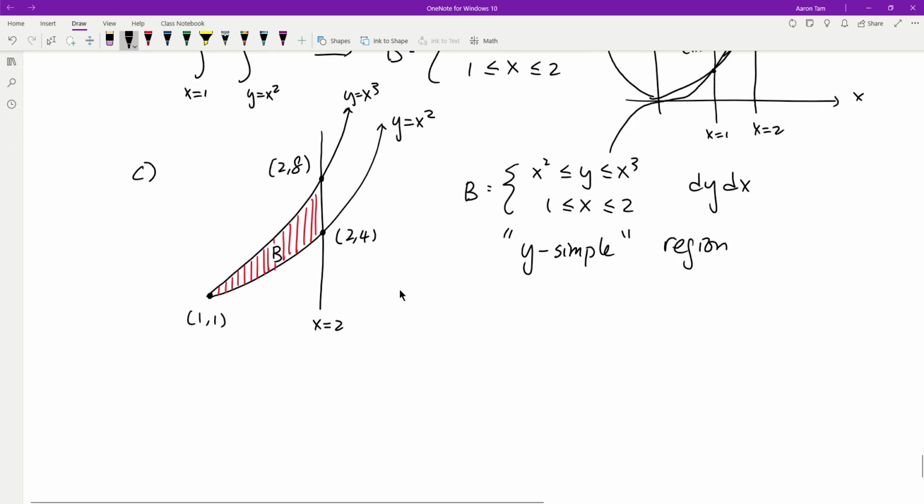The problem here is the following. If I try to describe the same exact region, but using dx first, then dy, I run into a major issue. It doesn't mean that we cannot do it. It just means that we have a problem. So I'll show you what the problem is.